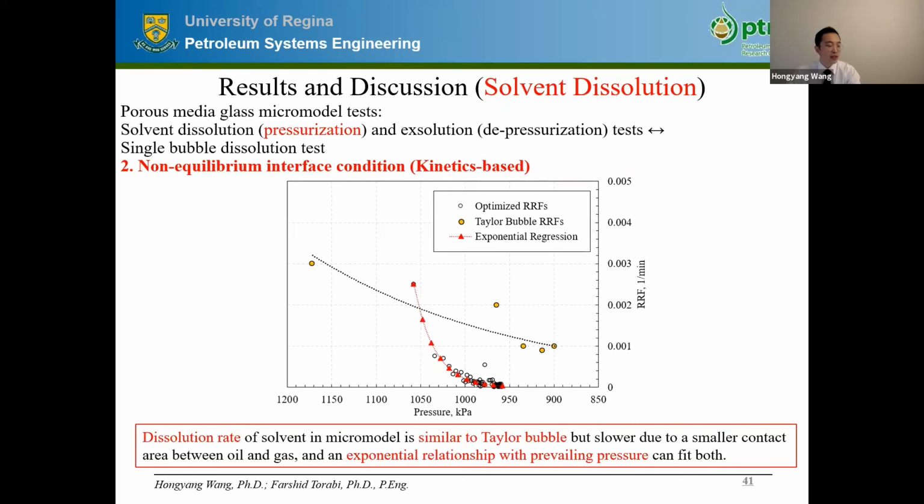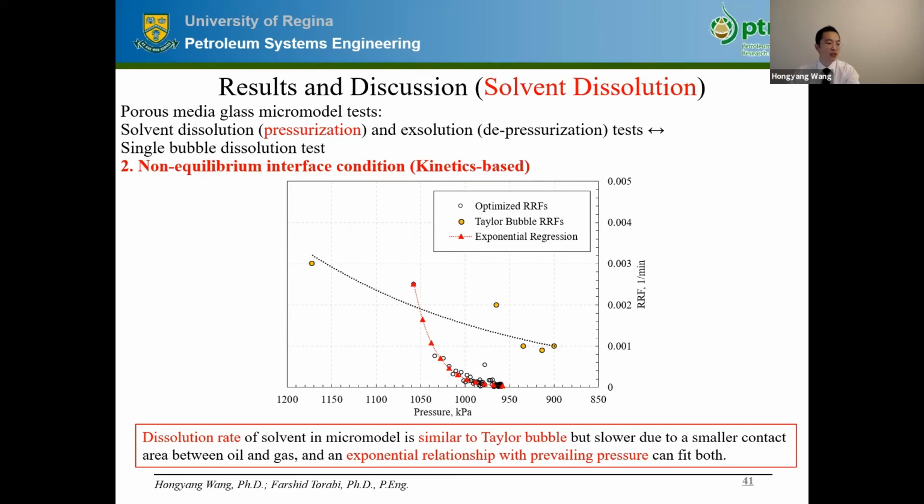And here is the comparison between the kinetic dissolution rate of a Taylor bubble and the kinetic dissolution rate of the pressure decay test. The yellow dots are the Taylor bubble kinetic rate, and the little circles are the optimized kinetic reaction rate achieved through history matching.